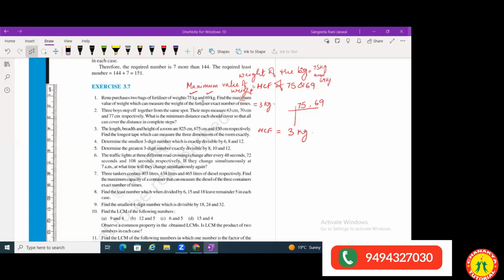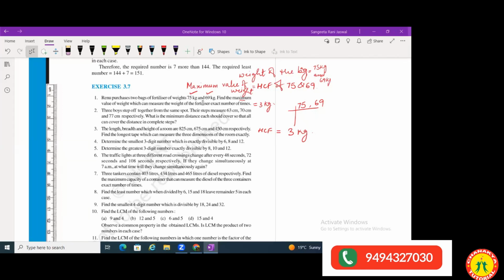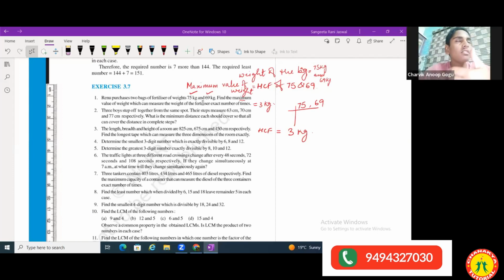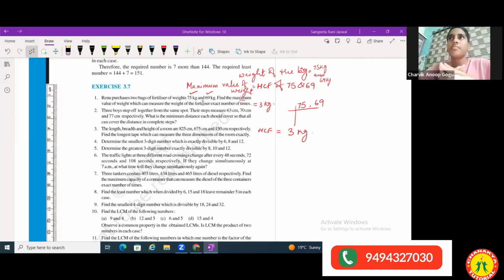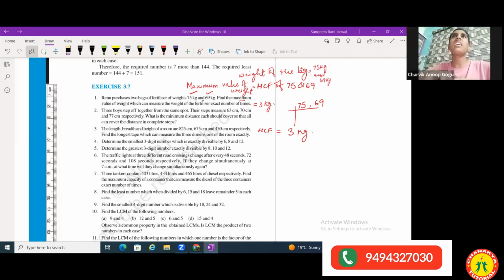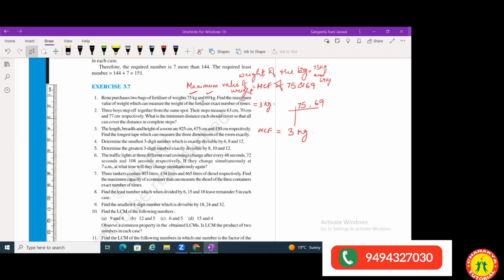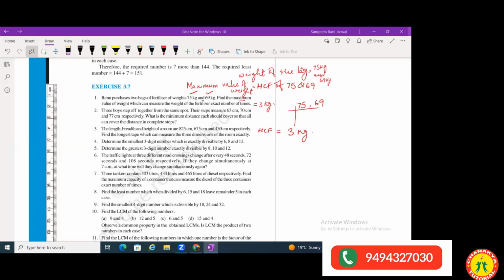For the minimum distance, what will you write? The minimum distance where three boys step continuously. Your next statement will be LCM of 63, 70, and 77.